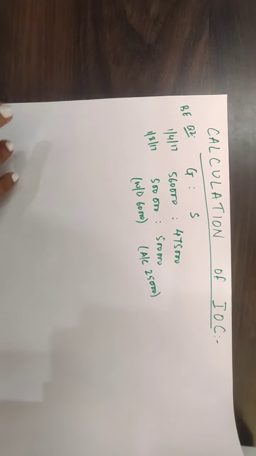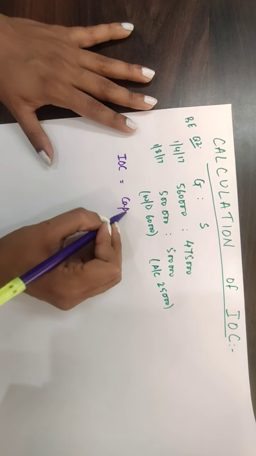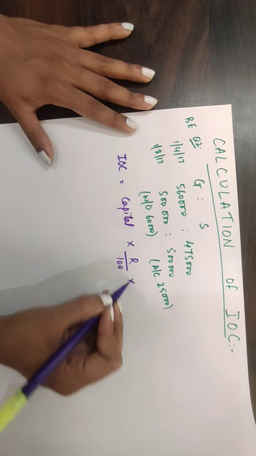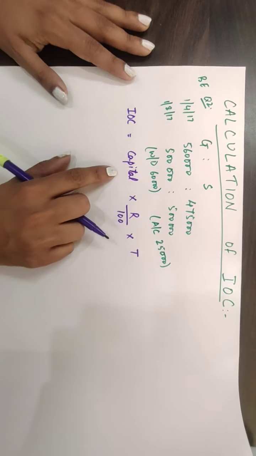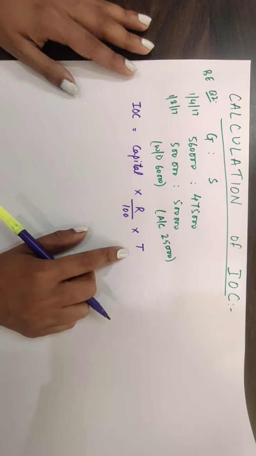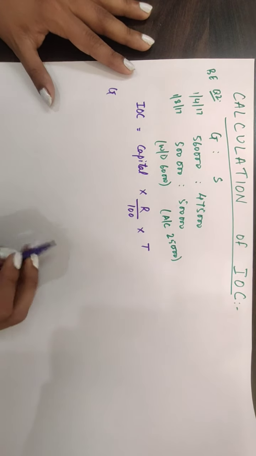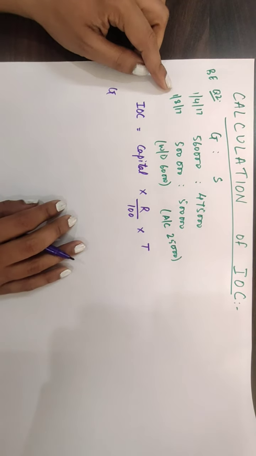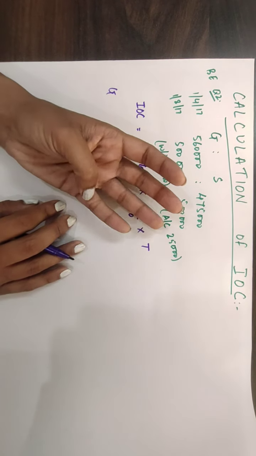Now I have already taught this thing to my students, and again I am telling you the formula: interest on capital is equal to capital multiplied by rate upon 100 and into T. That is PRT over 100 as we normally call it. So P here is capital, R and T, right? Now for Girish first, 5,60,000 is from 1st April up to 1st August. So please calculate the months: April, May, June, July.